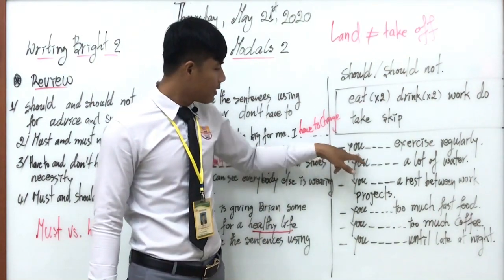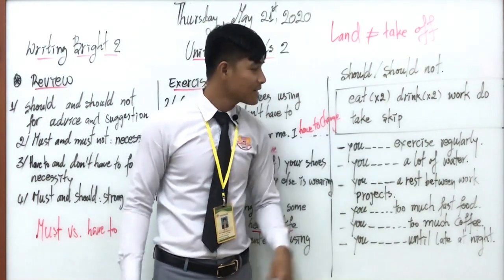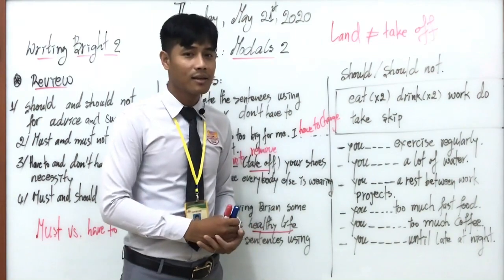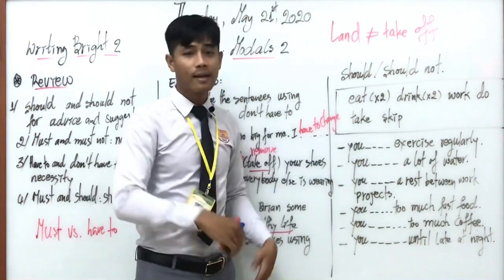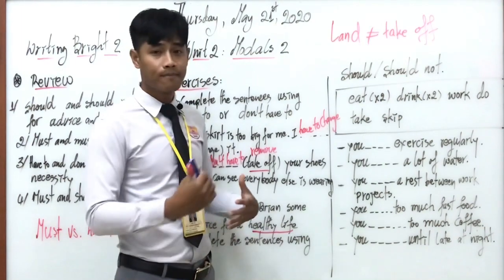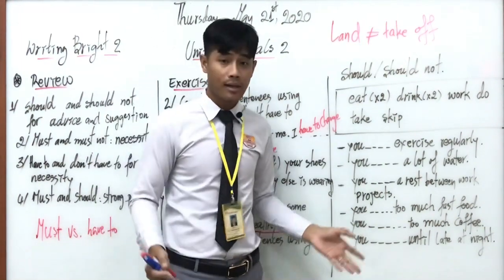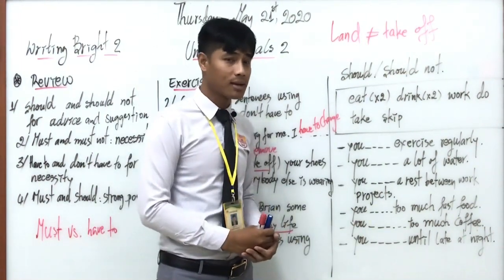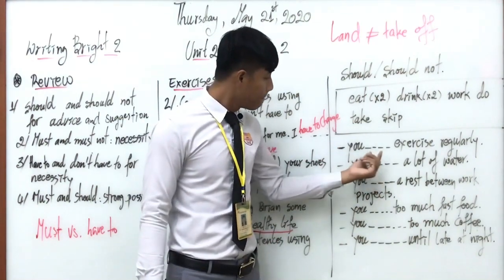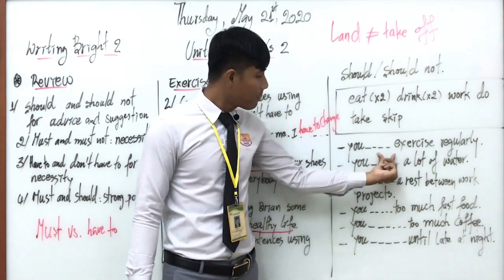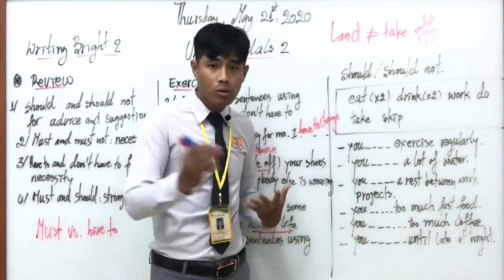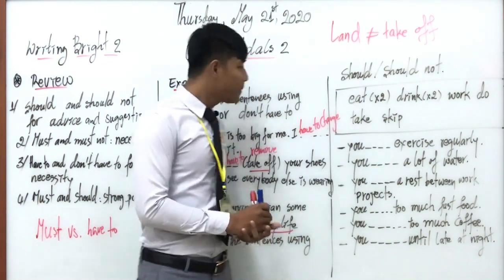Number 1: You blank exercise regularly. Exercise can be run, swim, anything else, everyone. Jump, play sports like football. Also, we can say doing exercise. You should or you shouldn't, to be healthy.